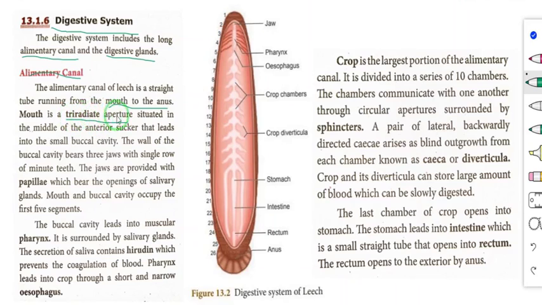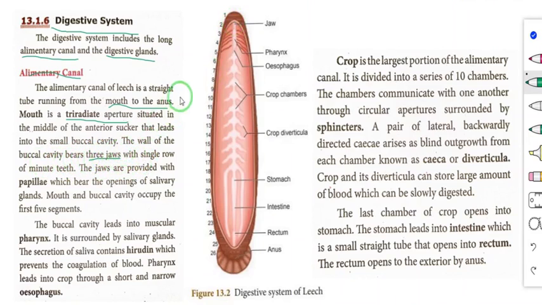The mouth is a triradiate aperture situated in the middle of the anterior sucker that leads into the small buccal cavity. The wall of the buccal cavity bears three jaws with a single row of minute teeth.